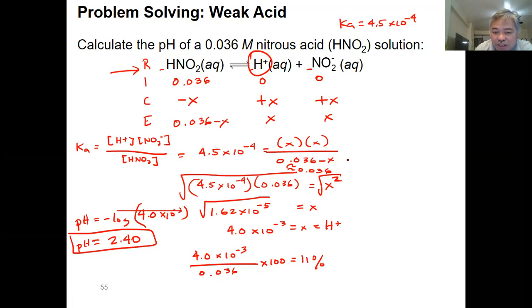So from this one, what will happen? You're going to multiply this with this. And then gagawin mo, this will become x squared minus 4.5 times 10 to the negative 4 x plus 1.62 times 10 to the negative 5.